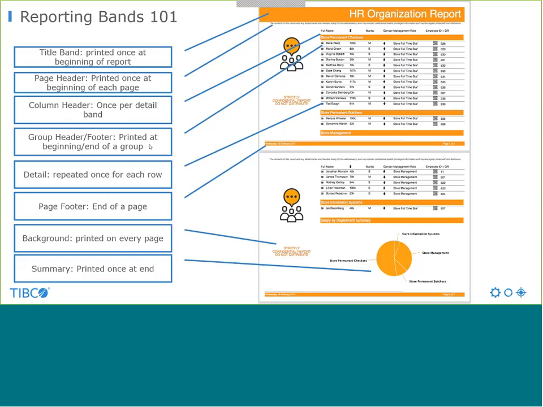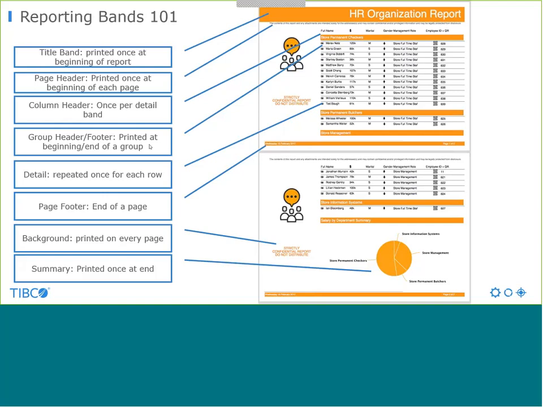So if you want to have some aggregated chart which is showing you data right across the board, then you wouldn't necessarily want to put it in the detail band, because that's going to repeat the chart for each row of data that you're bringing back. So maybe the chart would go on the summary page. So you've got this understanding that you've got to have of these reporting bands before you start putting together these reports.